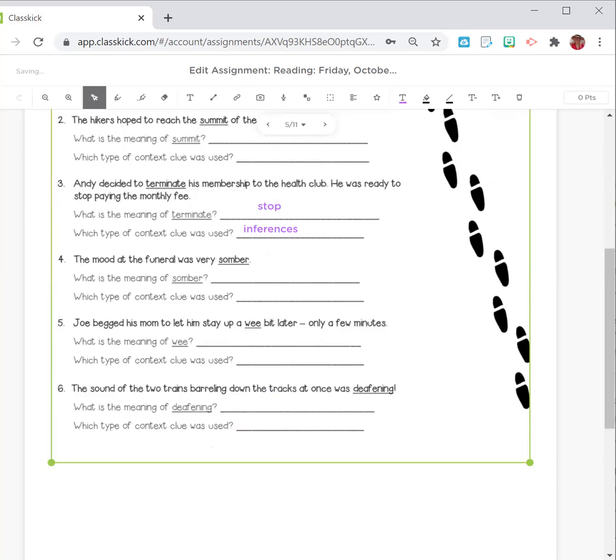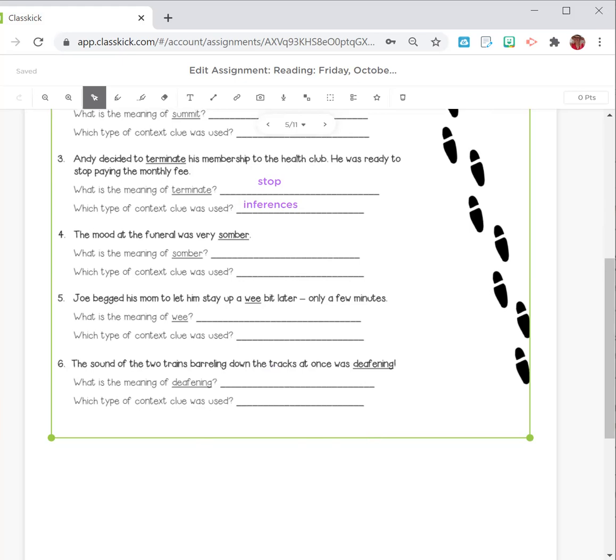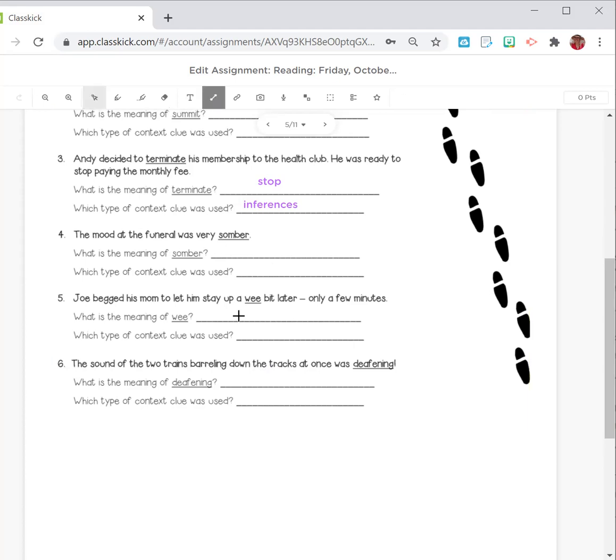Number 5. Joe begged his mom to let him stay up a wee bit later, only a few minutes. So we can see that only a few minutes means the same as wee.